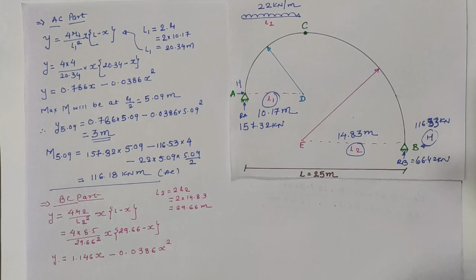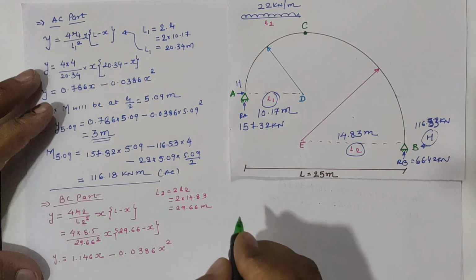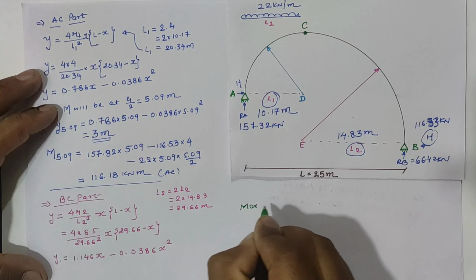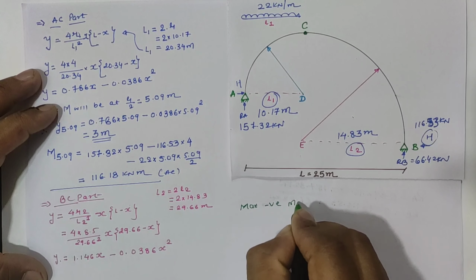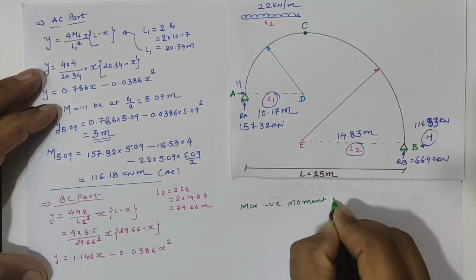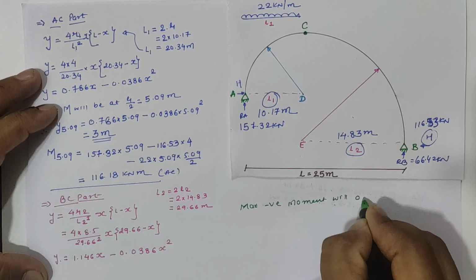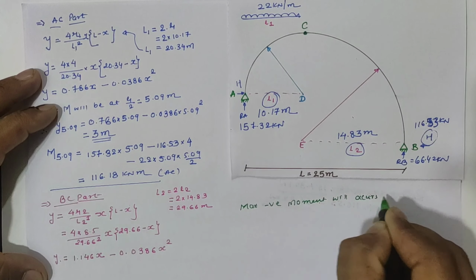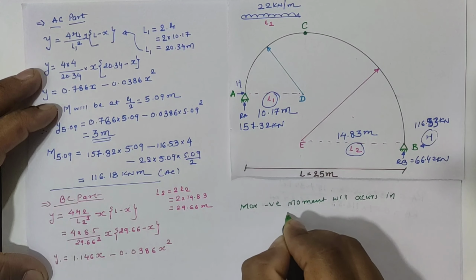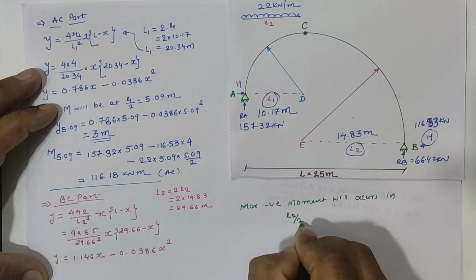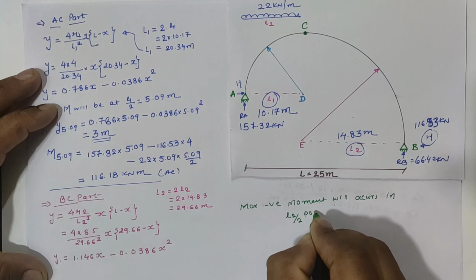Now the B to C part is non-loaded. It means that the maximum negative value will occur at half of the B to C span. So maximum negative moment will occur at L2 by 2 point.